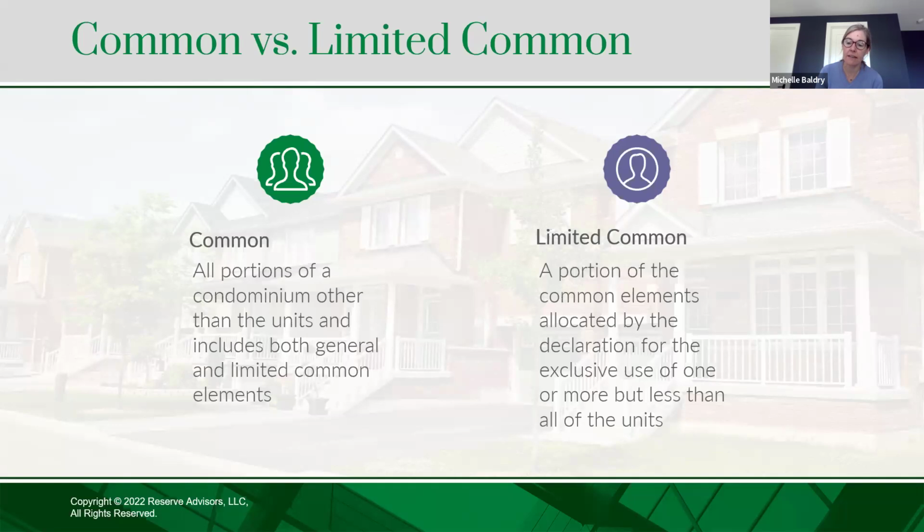A typical example might be a balcony, which might be commonly maintained, but the use is limited to the individual unit owner that has access to the balcony, not to everyone. If it is a common component, whether general or limited, it should be considered for the reserve study. Again, we'll review those legal documents and work with you to understand what truly is commonly maintained and what the association is responsible for.